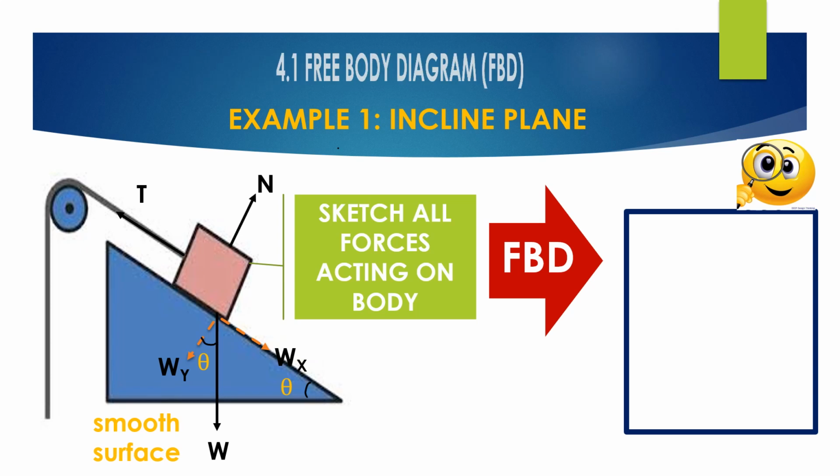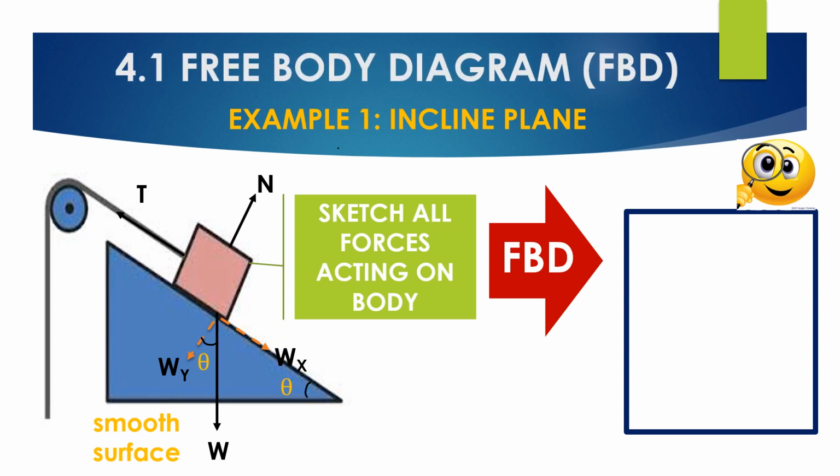Okay, next we go to the free body diagram, or we call it FBD. Okay, look at example 1 for an inclined plane. Before we start to sketch a free body diagram, first you need to identify all forces acting on the body by sketching all forces acting on the body. Okay, you can label the force here.